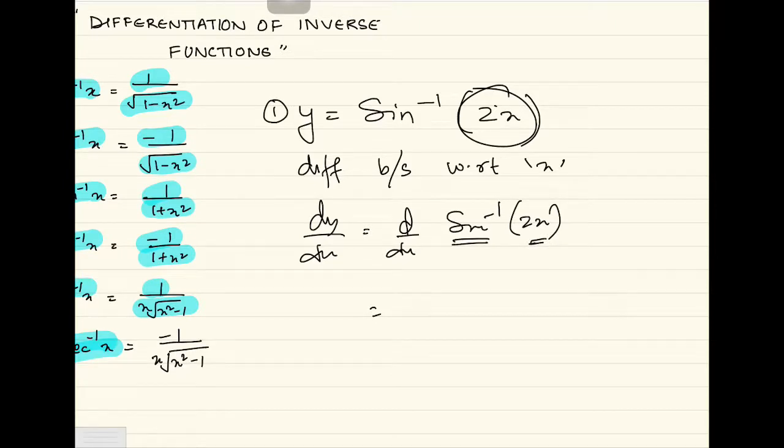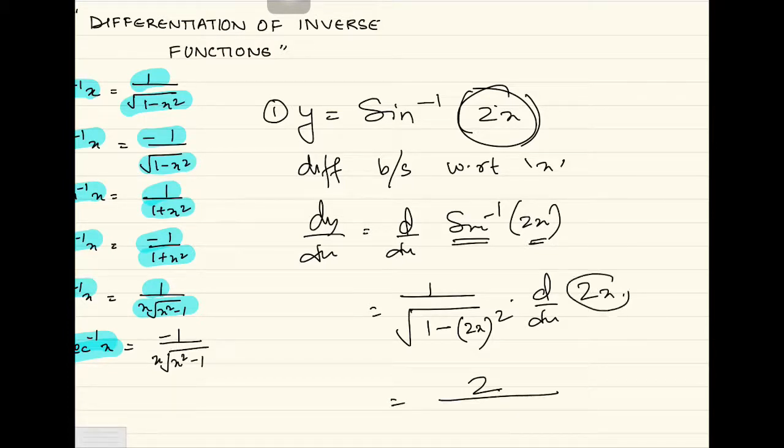So what is d/dx of sine inverse x? 1 divided by under root 1 minus x square, but my x is 2x, into d/dx of the leftover, that's 2x. So that gives me 2, because d/dx of 2x is 2, and then under root 1 minus 4x square. Is that correct? So that's how we differentiate the inverse function. Quite simple. Okay, so remember, the chain rule that we have done earlier also applies to inverse trigonometric functions.